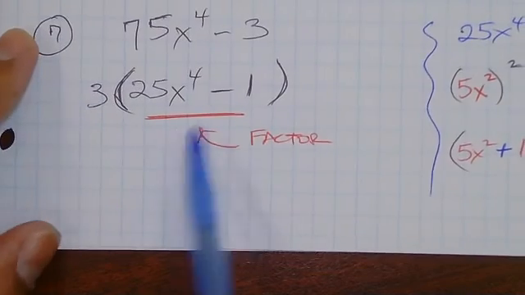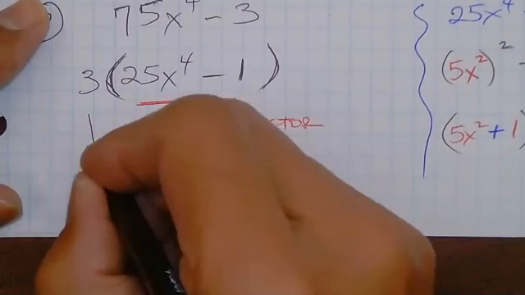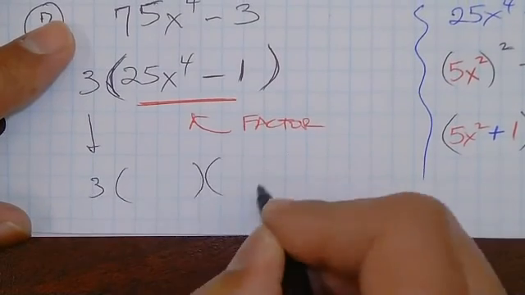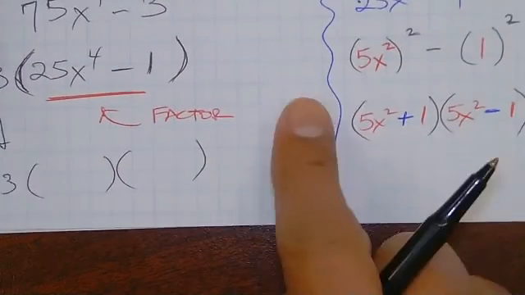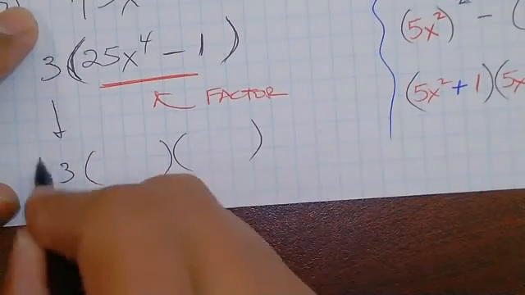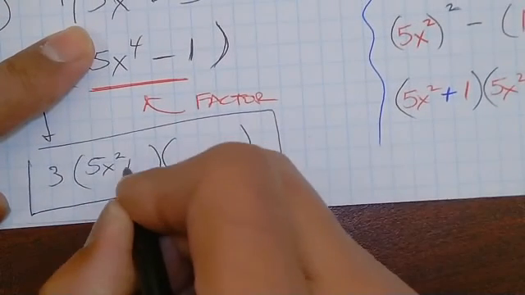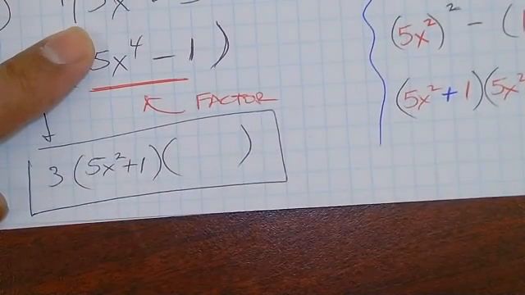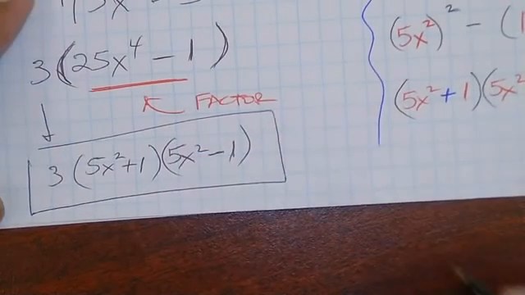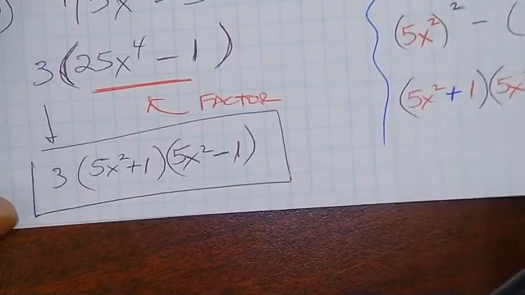Okay, so what's the final answer here? Final answer is, remember, you still got this 3 here. And then these two, right? This is the final answer. 3 times (5x squared plus 1) times (5x squared minus 1).